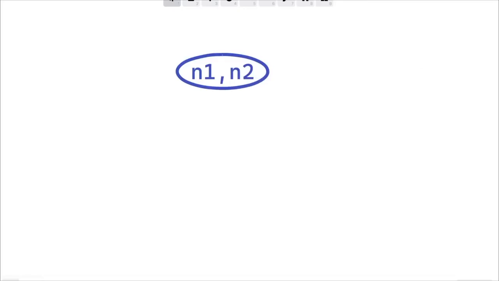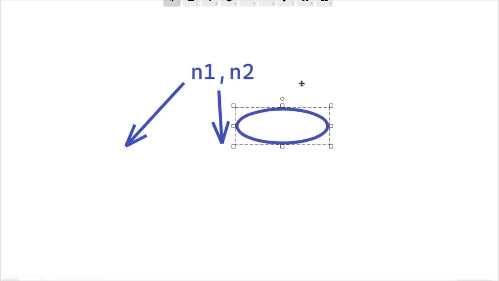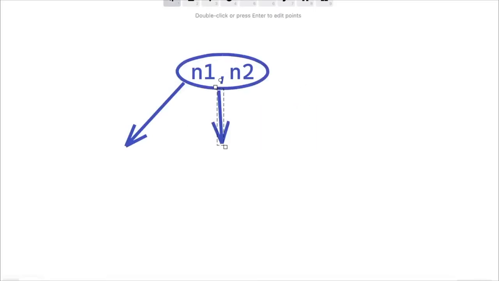Now n1 plus n2, what happens to it? n1 plus n2 calls 3 recursive functions. So there are 3 recursive functions. So let's just draw those 3 recursive functions. So we have those 3 recursive functions here.